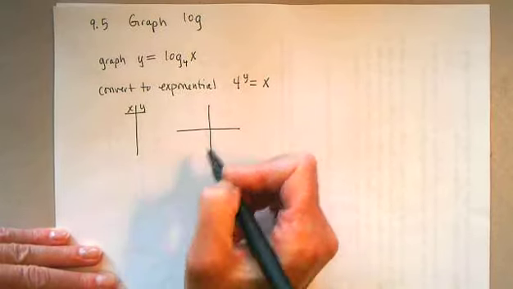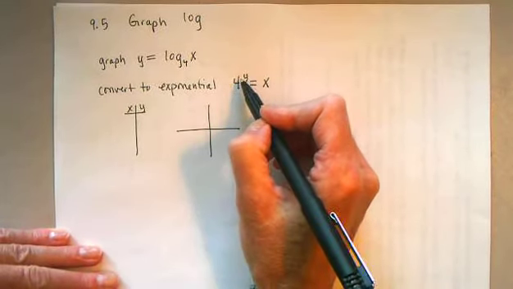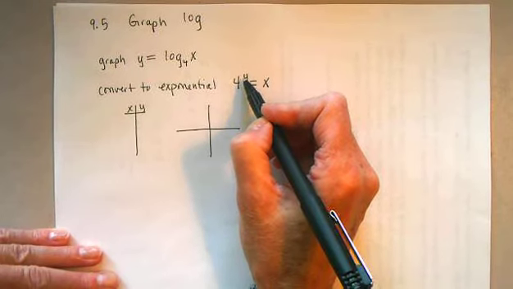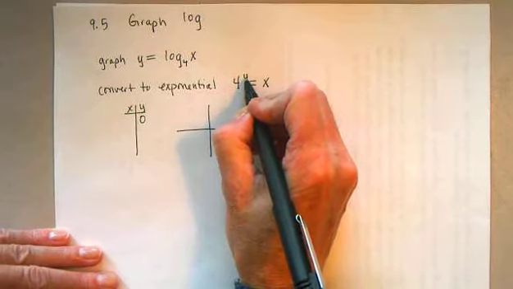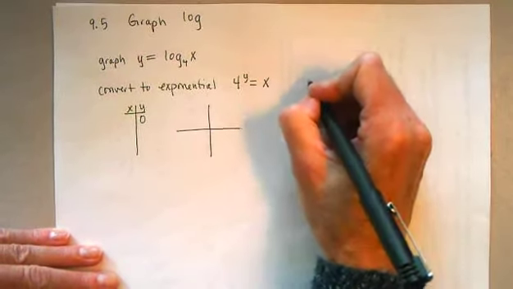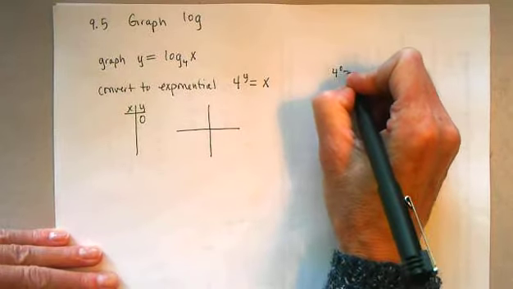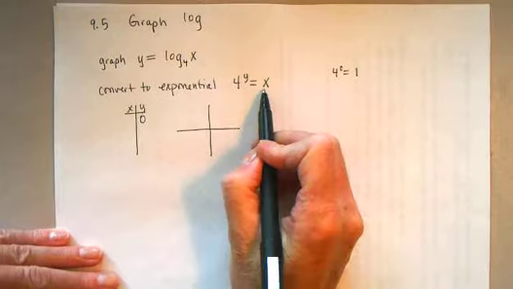Now we're going to plug in y instead of x because y is in our equation. So if I plug in 0 for y, I have 4 to the 0. We know that anything raised to the 0 power equals 1. So our x is 1.